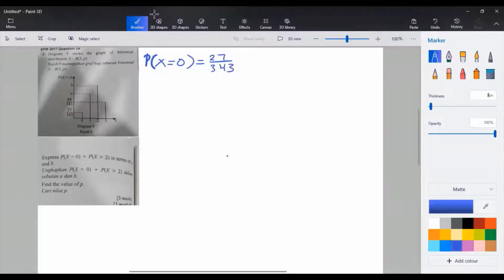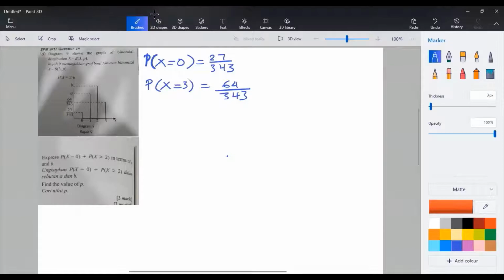Then for the next one, x equals 1, we get 64 over 343. And of course, wait, not 1, it's 3. Here, 3. Okay, so of course, the next two, let me change the color.